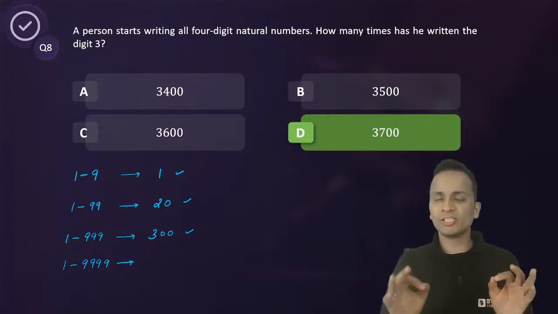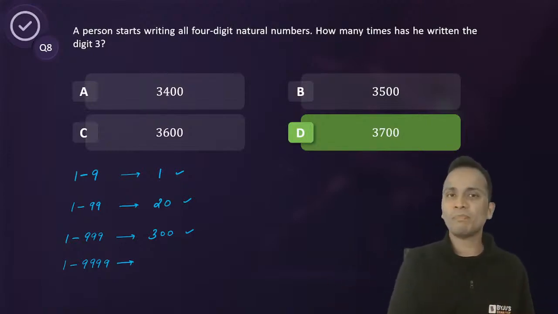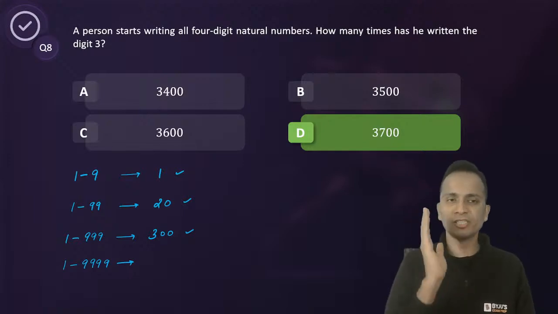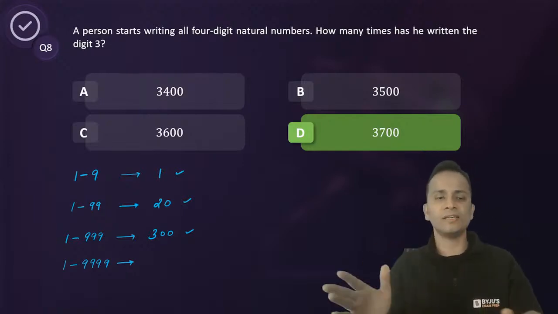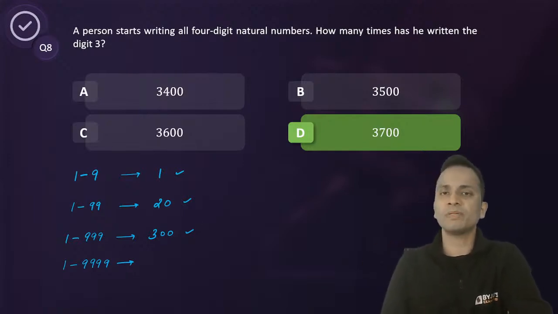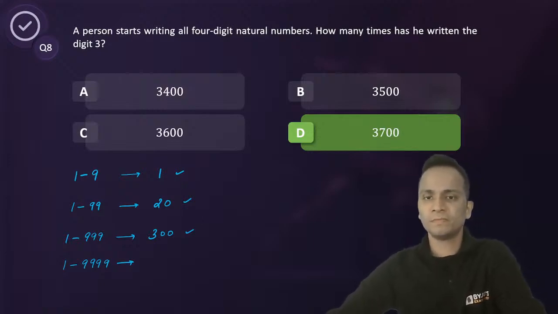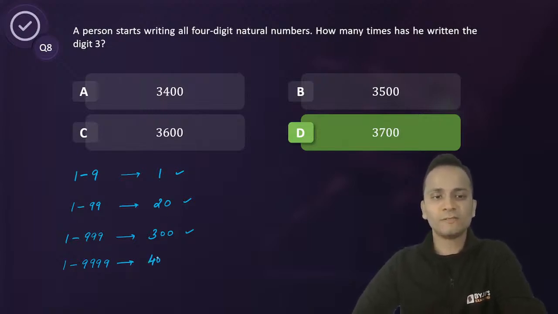No calculation, I'm just asking you to apply the logic of series that you apply in logical reasoning. So एक सीरीज चल रही है जिसकी फर्स्ट टर्म 1 है, सेकंड टर्म 20 है, थर्ड टर्म 300 है, तो फोर्थ टर्म क्या होगी? Come on, all of you can write it. Absolutely good. So fourth term will be 4000.